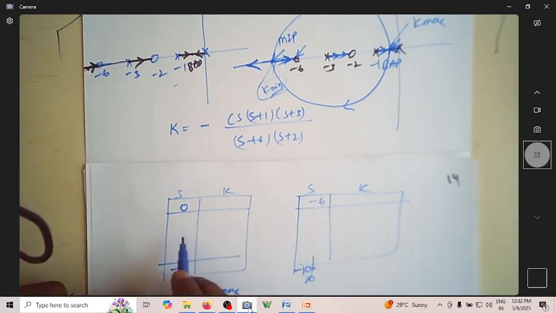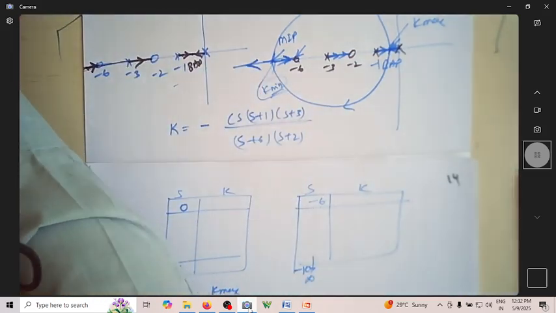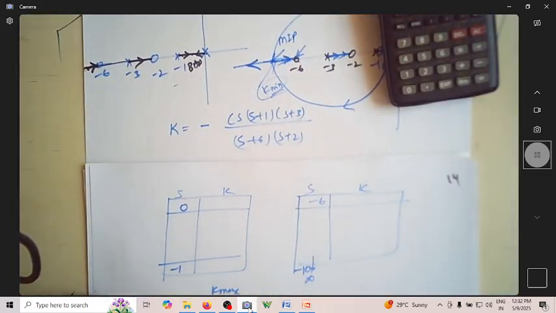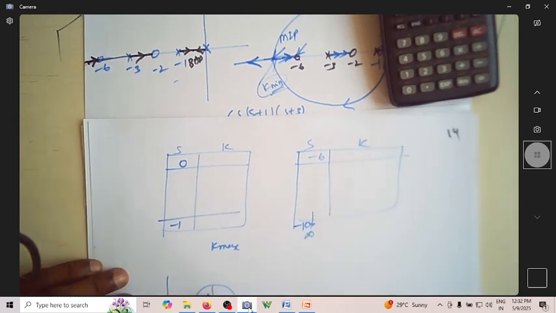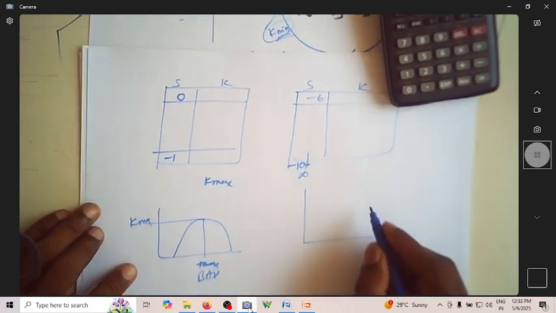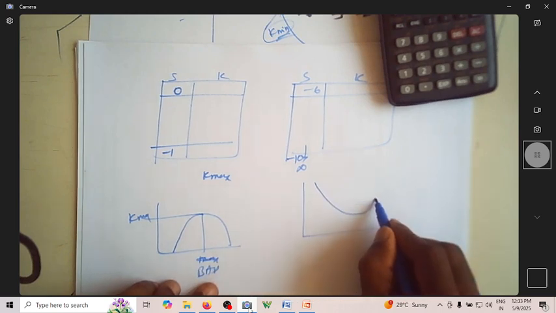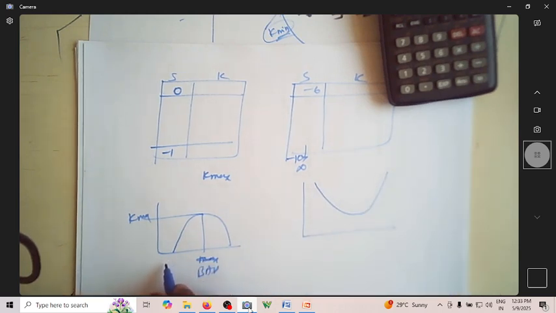So now let me feed the value. Here I am looking at for what value the k becomes maximum. So this is the value of k max. This is the corresponding s. Here you are looking at this at 0 and -1.